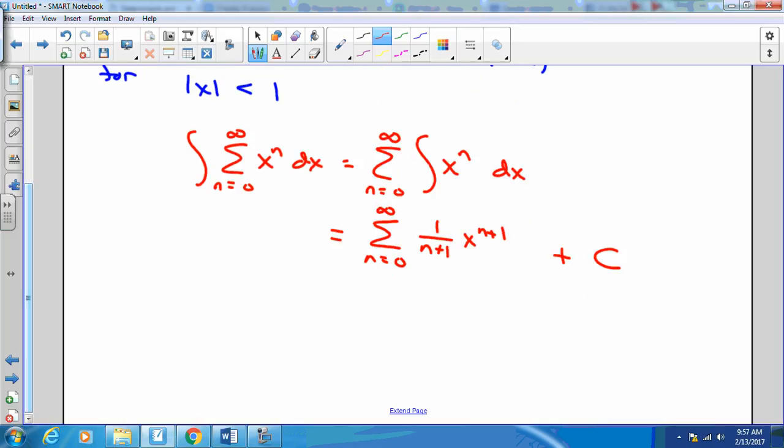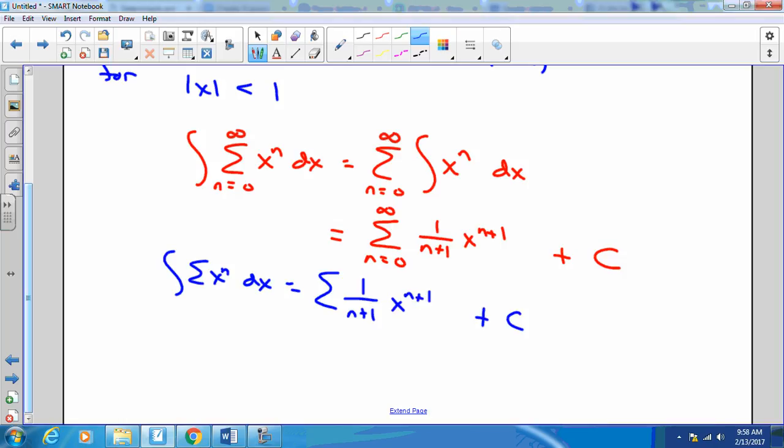So for example, when I integrate the series x to the n, then what I get is the series 1 over n plus 1 x to the n plus 1 plus the mandatory constant c. And I can write out the first few terms here as, I'll put the c first, c plus x plus 1/2 x squared plus 1/3 x cubed plus all the way out.